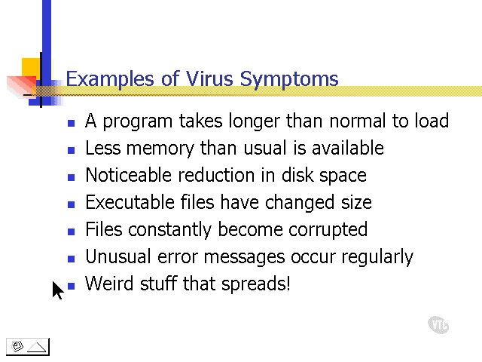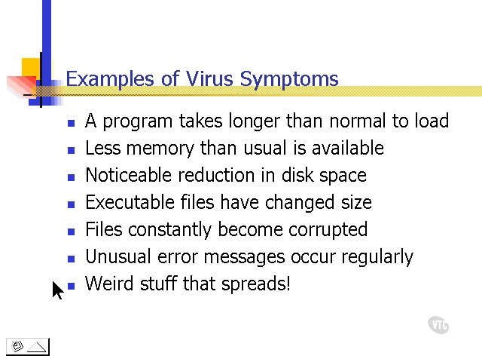Basically, it would be weird stuff that spreads. We would know that we have a virus because there are some unexplained things that are going on a computer, and then all of a sudden those same unexplained things or things just like them are happening on other computers.